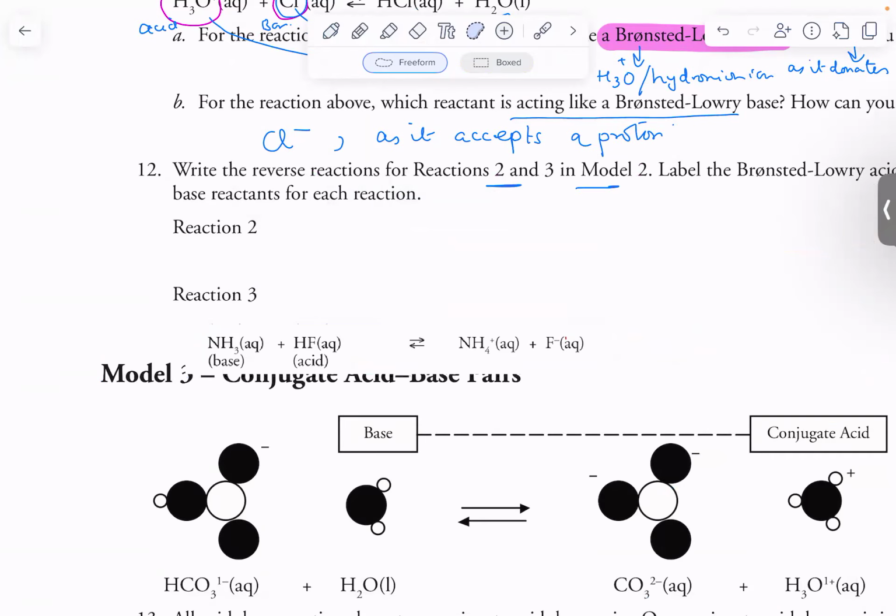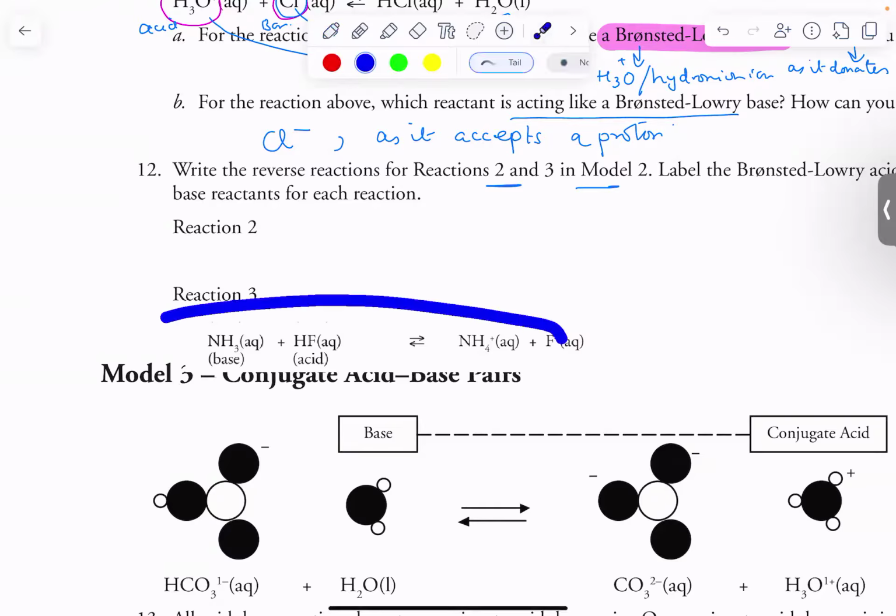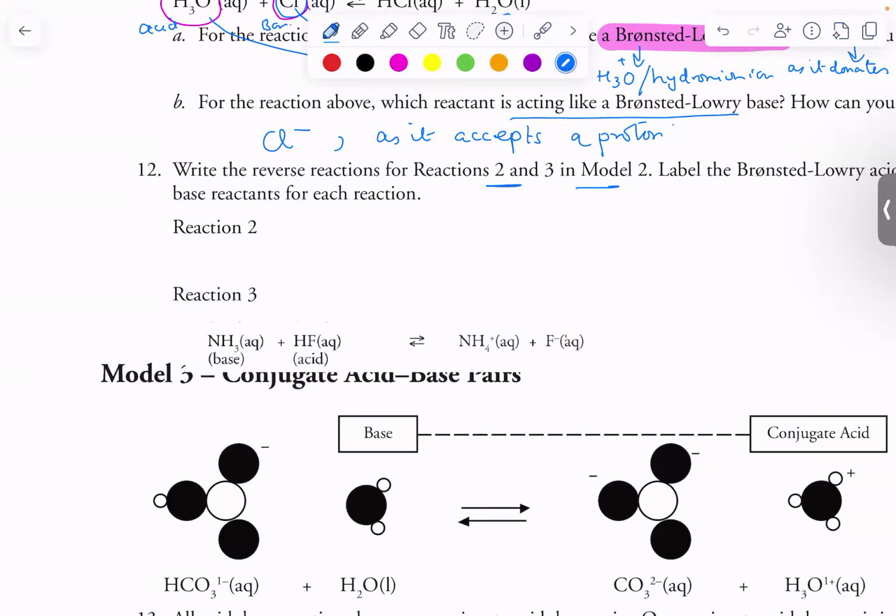Can you write the reverse of the reaction which is shown here? You need to write the reverse of this reaction, reaction 2. Okay, so the reverse reaction would be... Somia, first you need to reverse it.